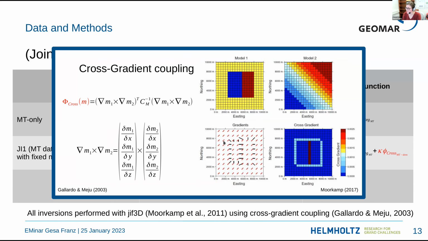In red here, we see the gradients of model 2, and in black, we see the gradients of model 1. And then if you take the cross product of these 2 gradients, that's the cross gradient that you get. And you will see that this is 0 wherever one of the models' gradients is 0, and also where both gradients go in the same direction, as you see here in the upper corners. And then everywhere else it enforces a constraint where the 2 models are structurally different.